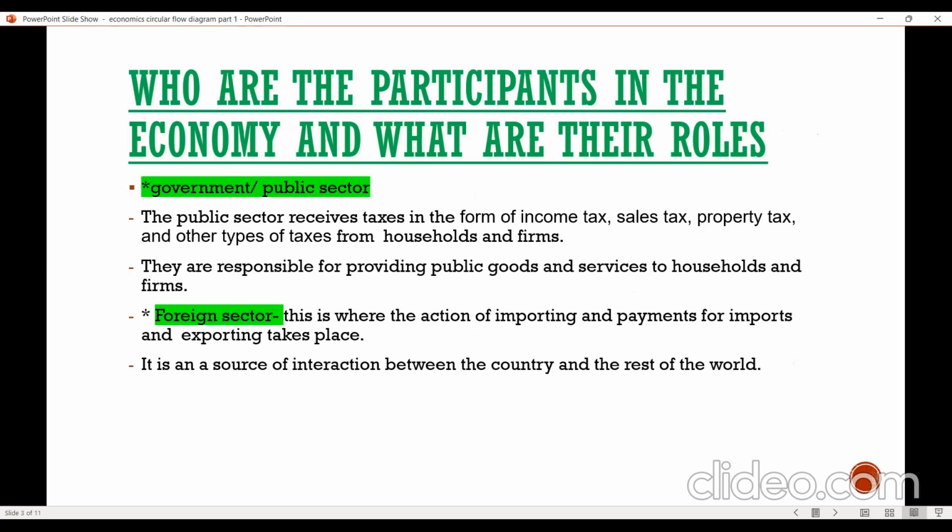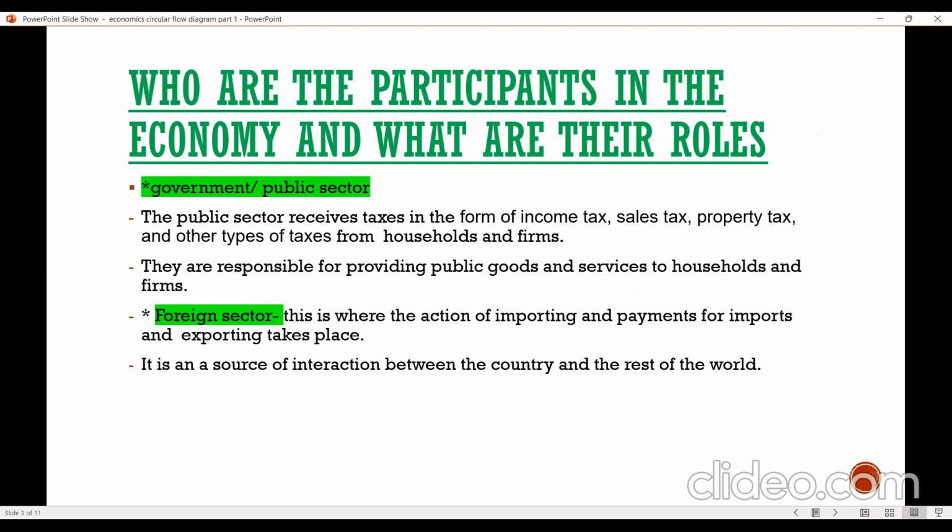circular flow diagram, we've got the government, also known as the public sector, right? What is the public sector? What is the government? Now, what is the main role actually? This is what economics is interested in. We are interested in knowing what role the government is playing. As most of us are aware, this is an everyday thing that we see.